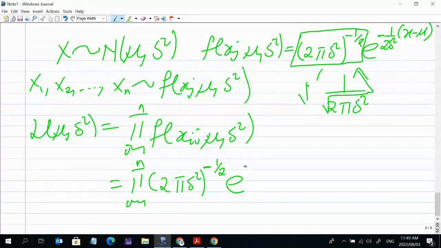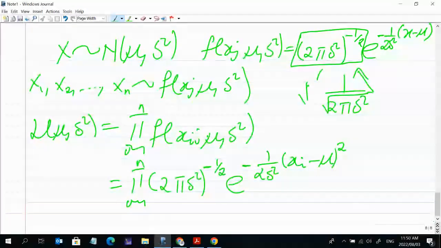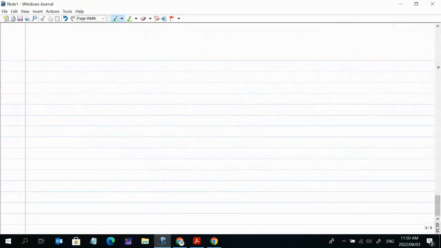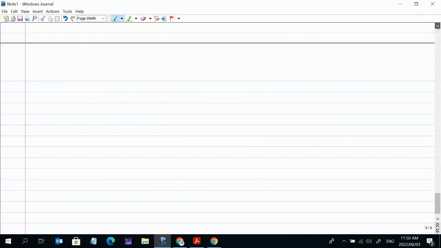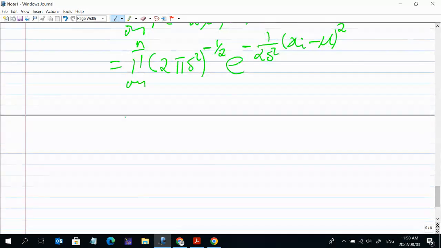And then we have e to the power minus 1 over 2 sigma squared, multiplied by xi minus mu squared. Now, what is the product of this? This one is a constant. It has nothing to do with the subscript i.